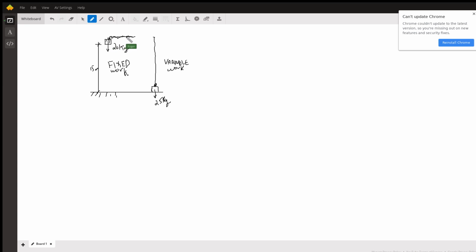It's either rolled or it's basically, when the bucket is here, the weight of the rope is not included. So you're given here that the weight of the rope is 0.3 kilogram per meter. And you're also given that there is 1 meter you need here in order to tie this bucket to the rope. So there's 1 meter of rope.